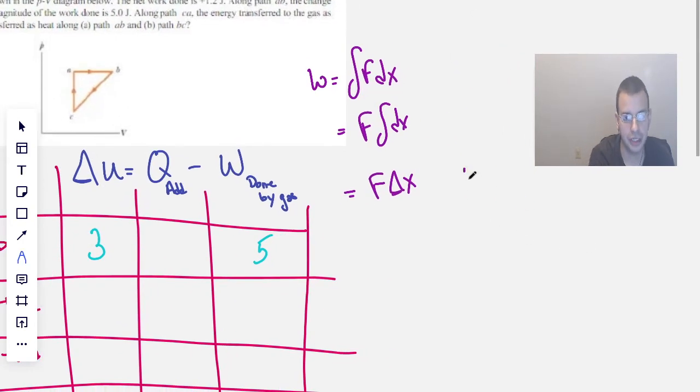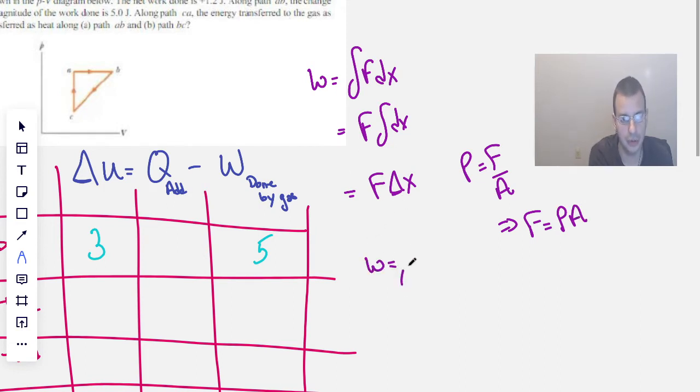Well, pressure equals force divided by area, so force equals pressure times area. Long story short, you replace the F here, and you also get work equals integral P dV. Pressure times a differential of volume.